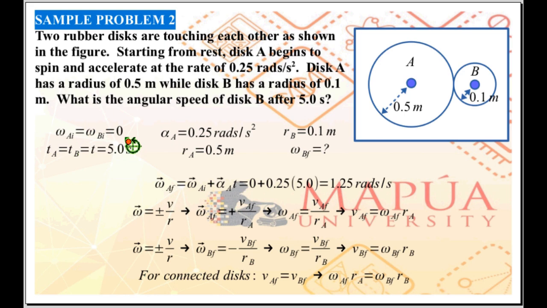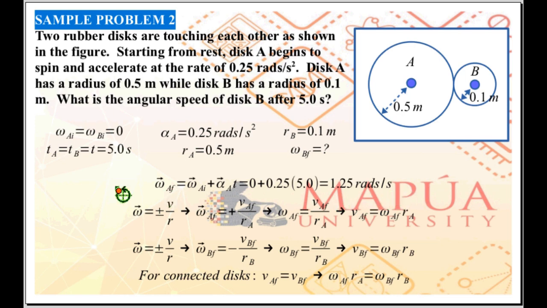Omega A initial is 0, therefore 0 initial velocity for disk A. We know alpha A, 0.25 radians per second squared, and we know T, 5 seconds. We are able to calculate omega A final to be 1.25 radians per second.